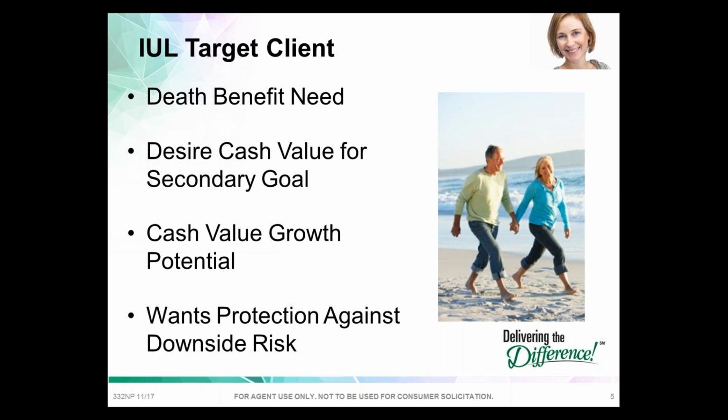And that is that indexed universal life has the potential for upside cash value growth in a nice tax advantaged way, but has also protection against that downside risk in the sense that you can't get a negative interest rate credit when the market goes down.